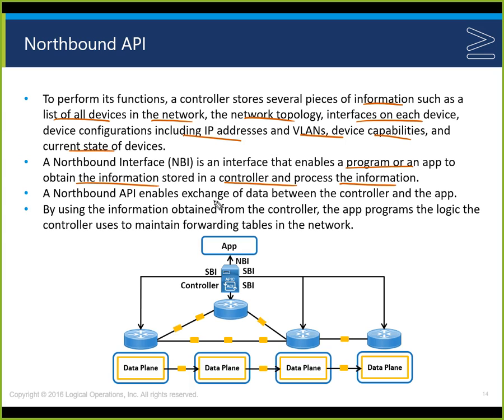The northbound API enables the exchange of data between the controller and the application. By using the information from the controller or the app programs, the logic controller maintains the forwarding tables in the network. So I guess the brains of it is at the northbound interface, where we actually do things.